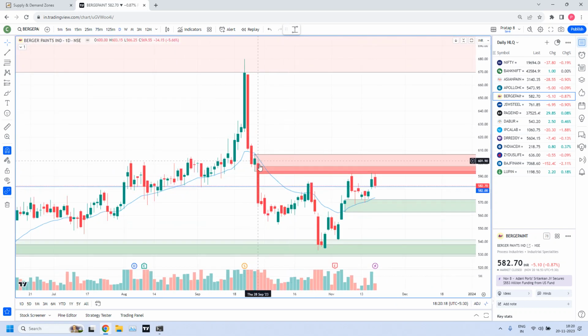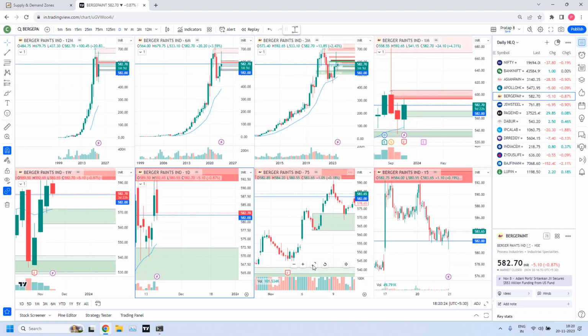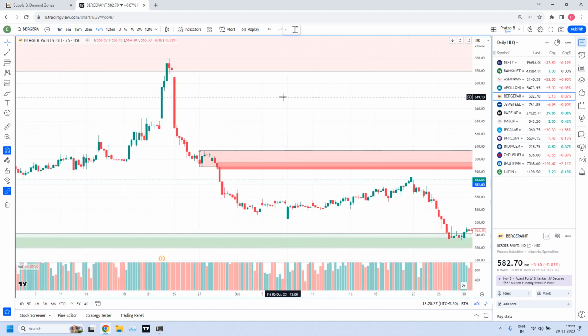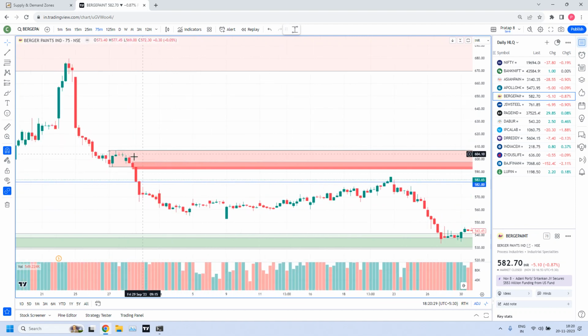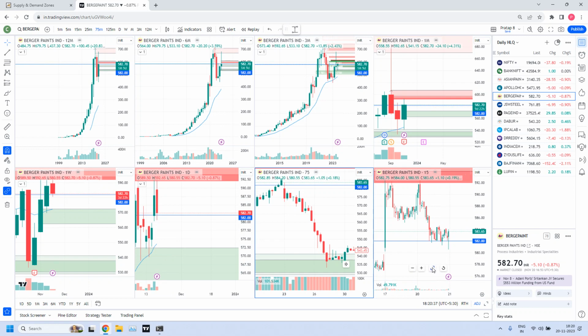So we have a drop base drop. This is the daily supply zone. Inside this daily supply zone, we have fine tuned to the 75 minutes zone. Again, we have a drop, base, drop in this 75 minutes. Within that 75 minutes, we have fine-tuned to the 5 minutes level.